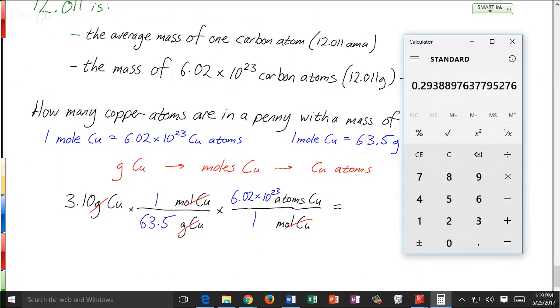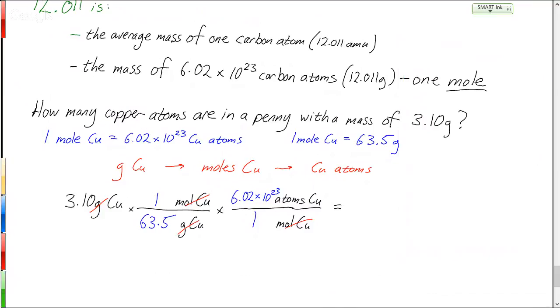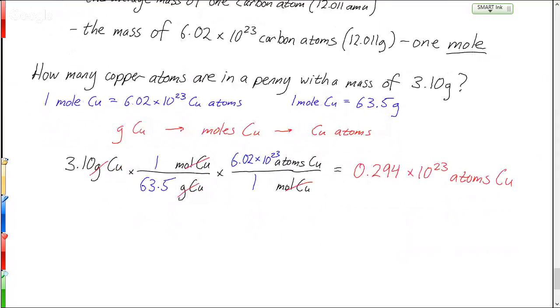I don't have scientific notation on here, so I'm just going to add that. I multiplied 3.10 by 6.02 and divided by 63.5. So that'll be 0.294 times 10 to the 23rd atoms of copper. Proper scientific notation, if you're really being careful about it, always has one nonzero number before the decimal place.